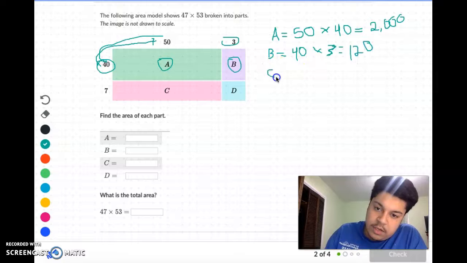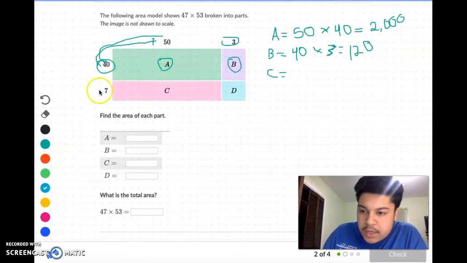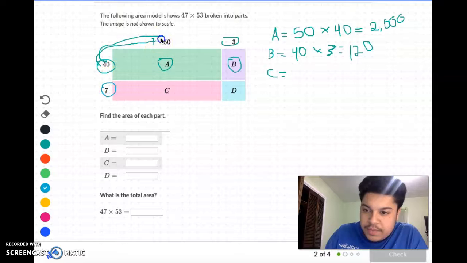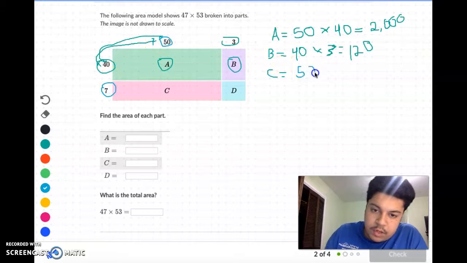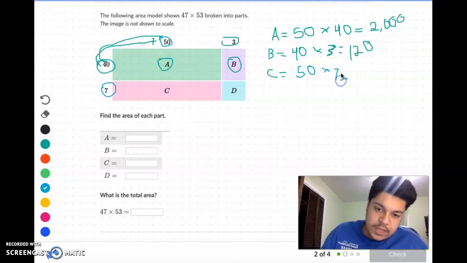To find C, we do 7 times 50, or 50 times 7. 50 times 7 is 350.